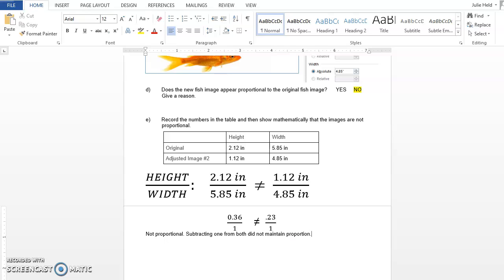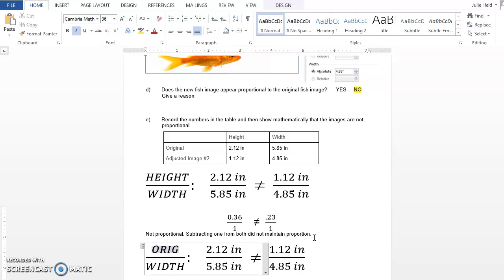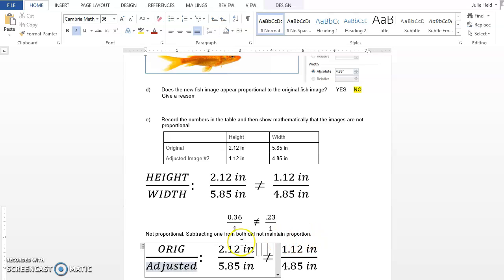Now I mentioned before that some of you may have started your ratio a little differently than me. Ratios can be done different ways when you're comparing. I could have thought, I'm going to compare the original to the adjusted. I'll just do height to height, 2.12 to the adjusted's 1.12.